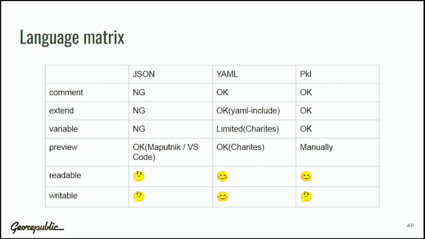And readable is good, but writable is different: JSON is difficult to write directly, and Pickle is difficult to write because there is no know-how, as the language became available this year.